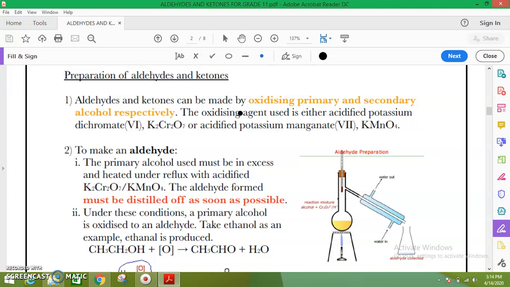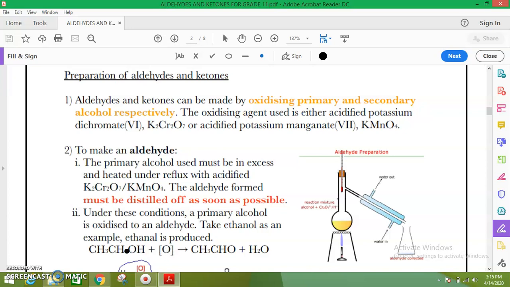I explained this to you in detail in the alcohol lesson, oxidation of alcohol. You can see that lesson again. Now to make an aldehyde, what will you do? Use the primary alcohol, because here there are 2 hydrogens, it's a primary alcohol, using the strong oxidizing reagent KMnO4 or K2Cr2O7.